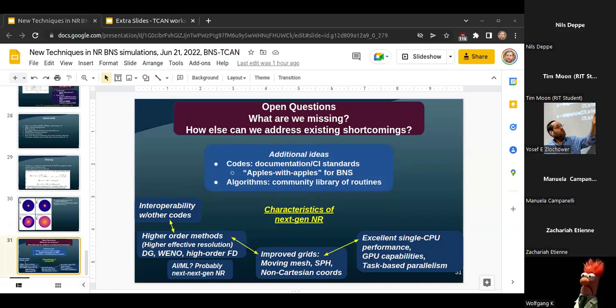And being the brutally honest scientists we should all strive to be, it would be useful to come up with stress tests in addition to just apples with apples on, say, a uniform mesh or a uniform moving mesh, a uniform SPH grid. Yeah, go ahead, Nils, sorry.